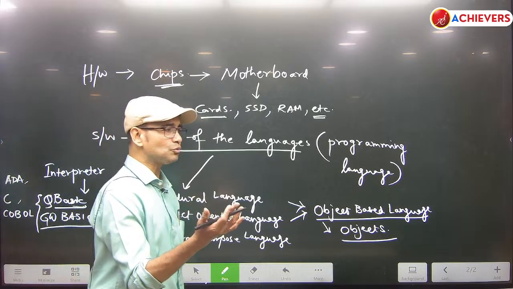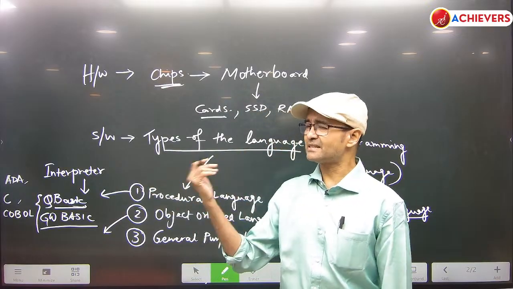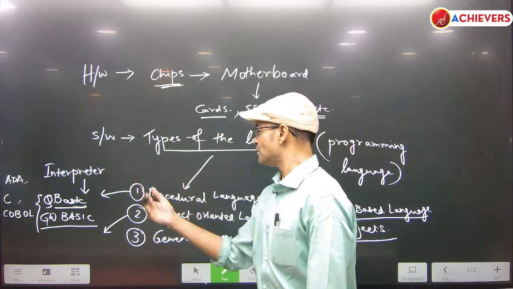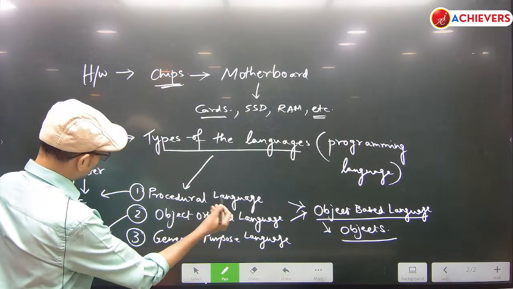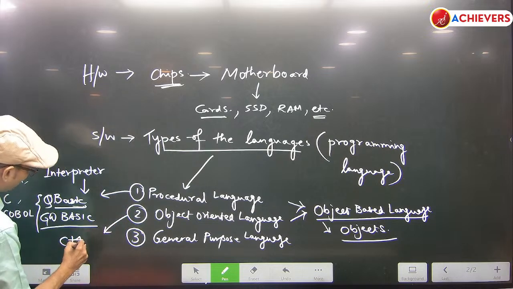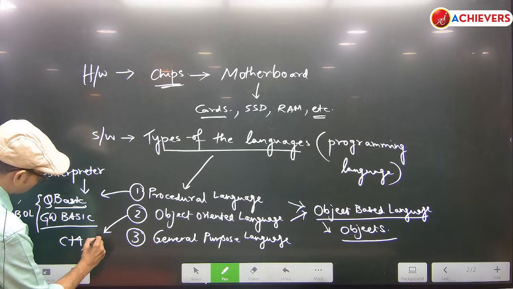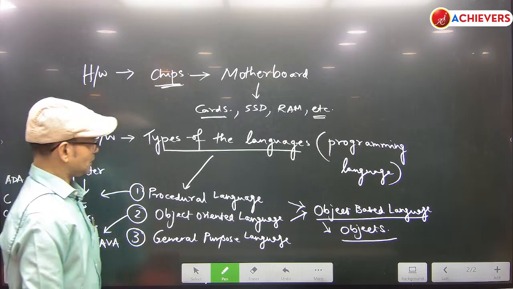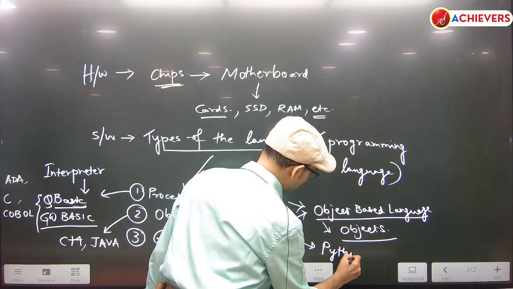Previously we used to incorporate different programming languages, C, Pascal, COBOL, etc., which were based on procedural language. So we have the concept of object oriented language. C++ can be defined as an object oriented language, and along with that we can also have Java as an object oriented language. Now a general purpose language is Python. It is very easy to write.